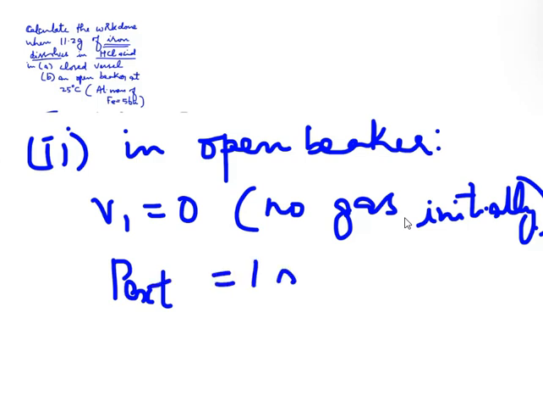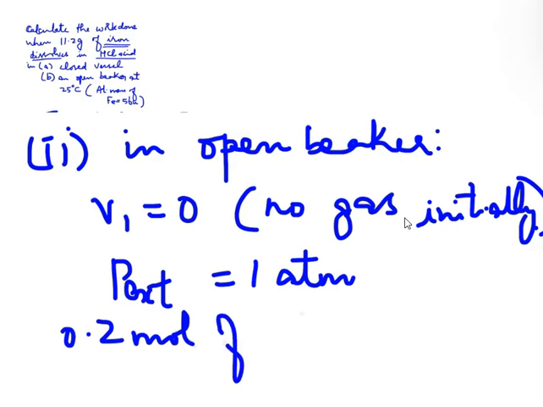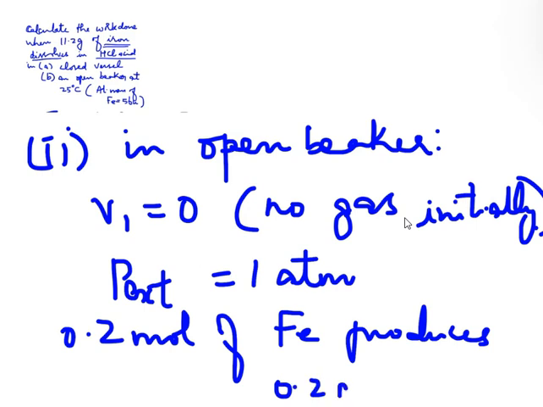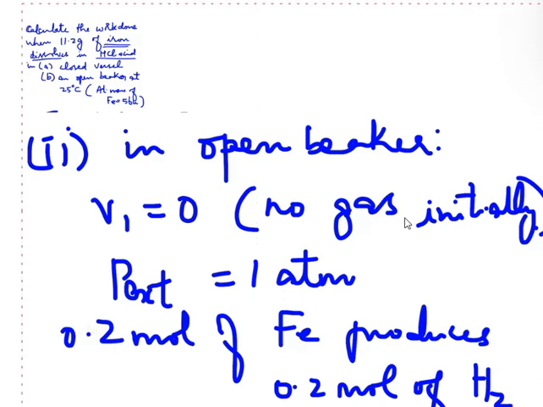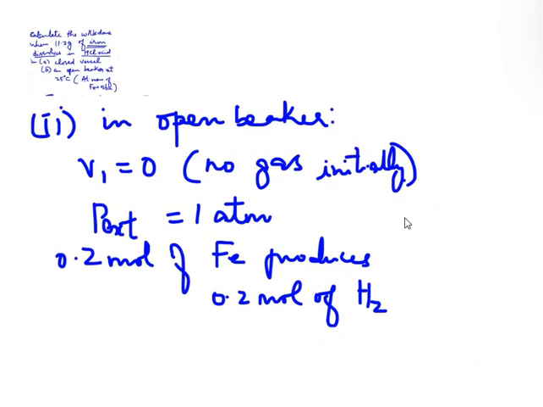Take external pressure to be equal to 1 atmospheric pressure. Now, how many moles of hydrogen gas is going to be formed? 0.2 moles. And this whole thing is happening at what temperature? 25 degrees Celsius, 298 Kelvin.